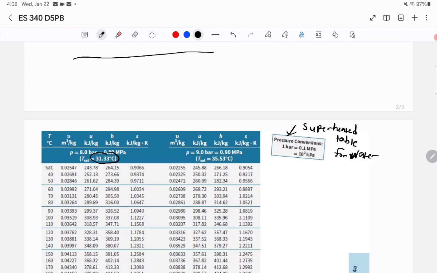So imagine that I was given P equal to 8 bar, or something along those lines, and T is equal to 47 degrees Celsius, right? Well, golly whiz, I'm at P equal to 8 bar, so I'm pretty good there. But notice that I have temperatures at 40 and 50, but not 47. So how do I find, say, the specific volume?